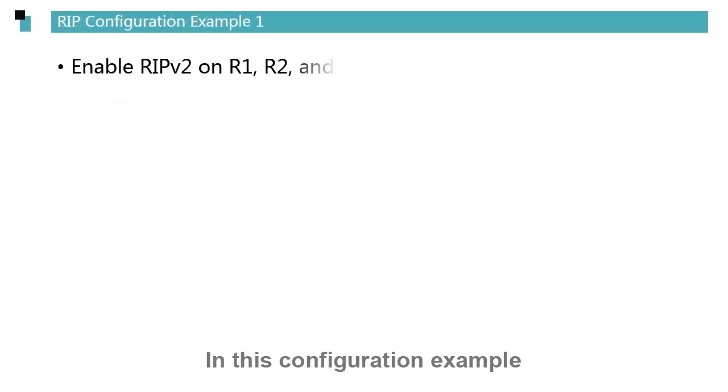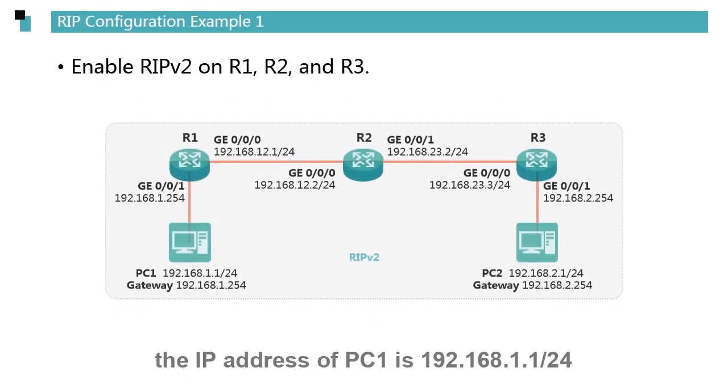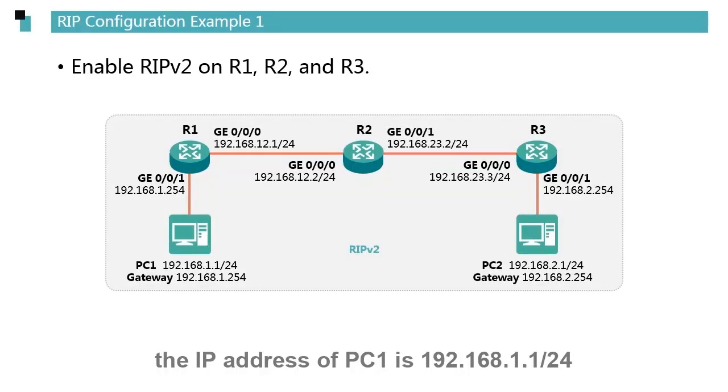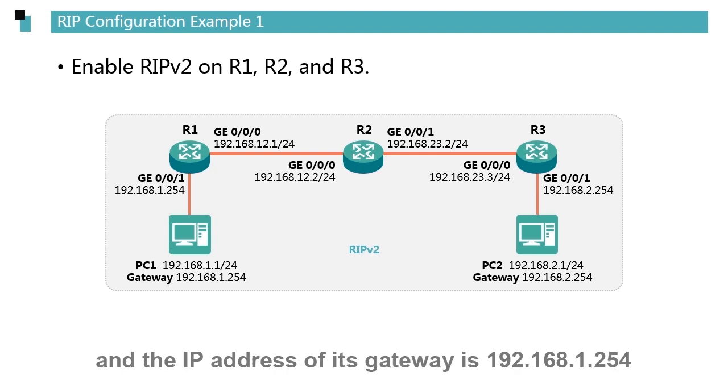In this configuration example, the IP address of PC1 is 192.168.1.1/24, and the IP address of its gateway is 192.168.1.254.